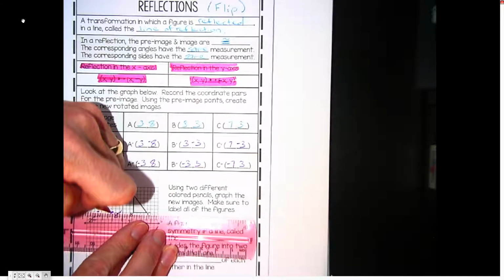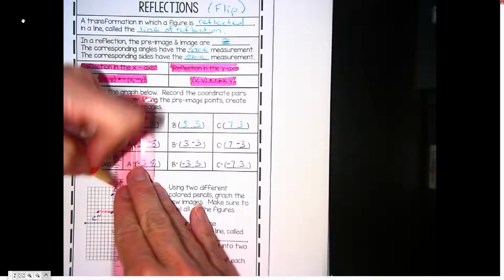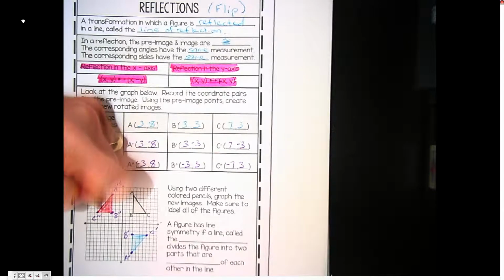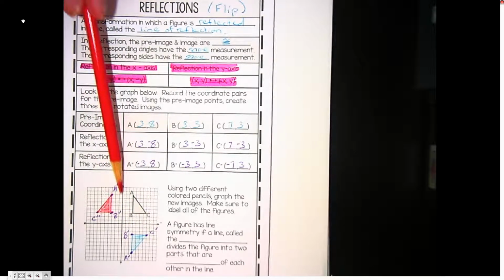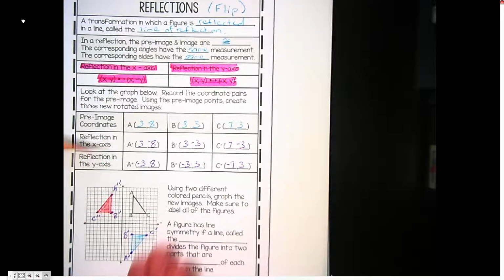Let's draw that triangle and see what it looks like. Hopefully that shows up. So in fact, it does look like if I took this coordinate plane and I folded it on this y-axis and put it together, it would line up exactly on top of each other.